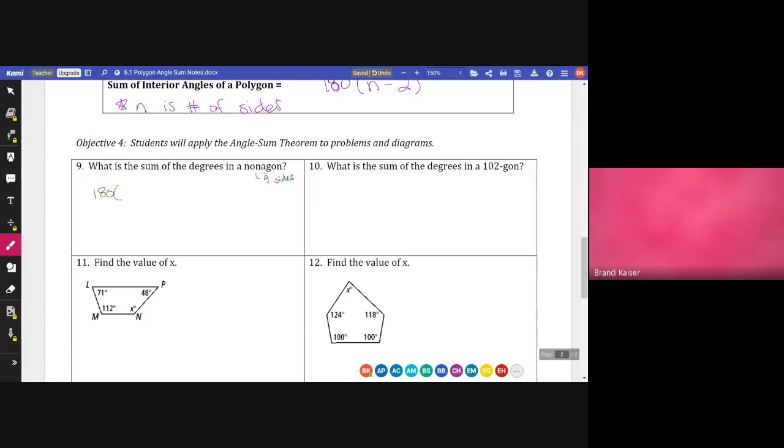I'm plugging in 9 for n, 9 minus 2, and then I just work on simplifying. So 180 times 9 minus 2 is 7, and 180 times 7 gives me 1,260. So that's the total number of degrees in any nonagon or 9-sided shape.